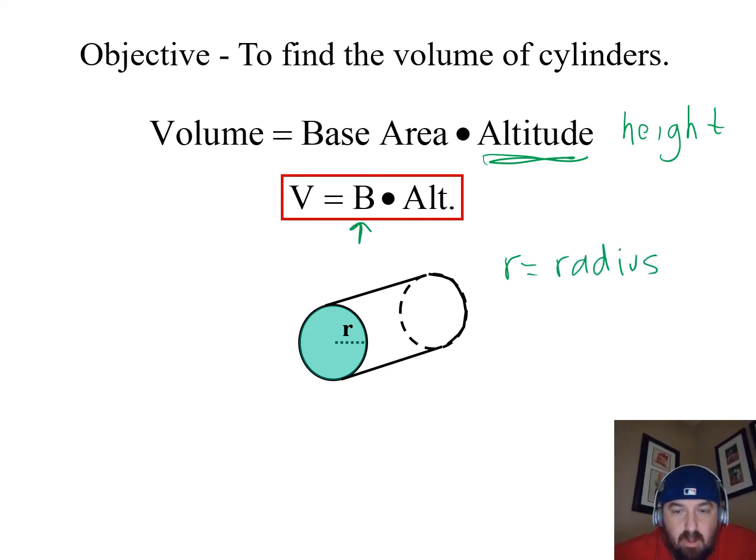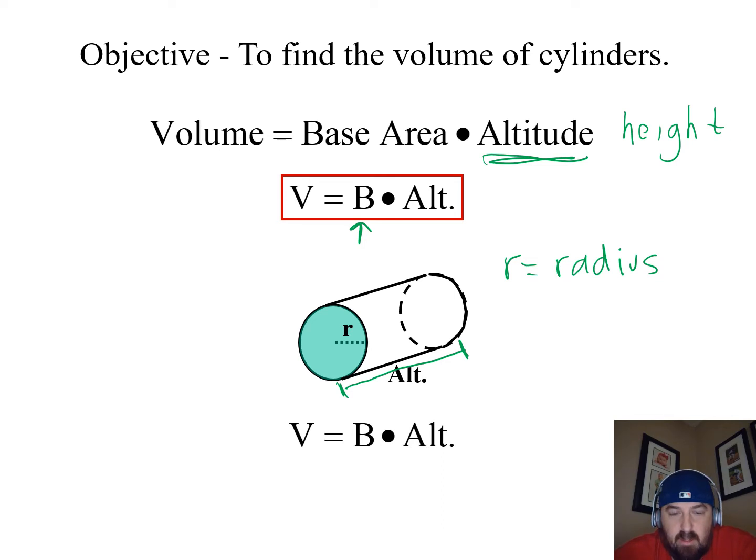And then we have the altitude, or how tall the can is. That's going to be from basically the top to the bottom. Depending upon how they draw it, it could look like it's on the side right there. And those are the only 2 measurements you need. Those are the only 2 numbers we need to get this done.